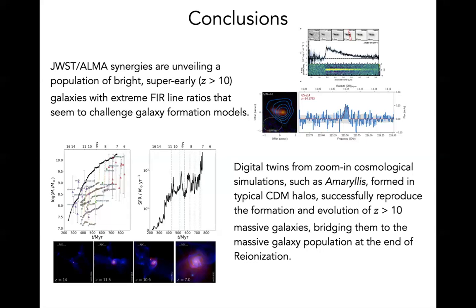So if we want to reproduce the UV properties, we need to change our feedback models, for instance adding pre-supernova feedback that can clear your galaxy of dust so it can be very bright in the UV, or adding AGN, which we don't have even in these massive halos.